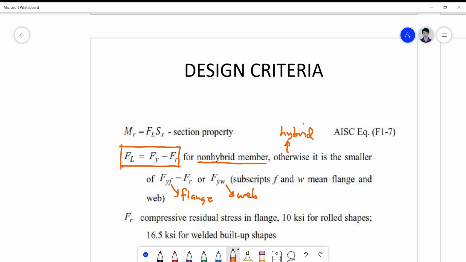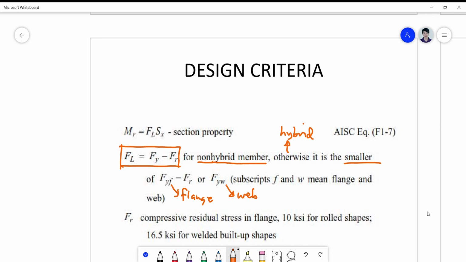For the web, you don't have to reduce the yield strength with Fr, but for the flange, you have to reduce it and choose the smaller value.